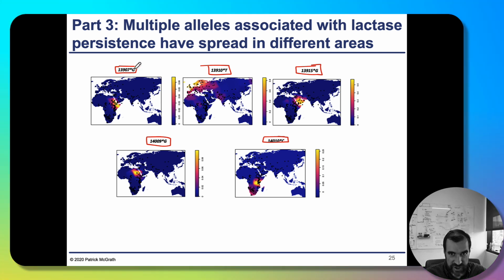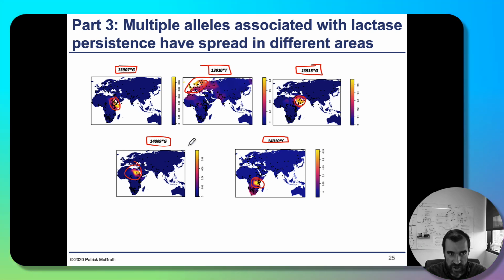This position was changed to a G, but these are all different polymorphisms that are associated with the ability to produce lactase as adults and be able to metabolize milk as adults. You can actually see these different alleles have spread in different parts of the world. There are alleles that have spread in Africa, alleles that have spread in Northern Europe, alleles that have spread in the Middle East, and alleles that have spread in Sub-Saharan Africa.